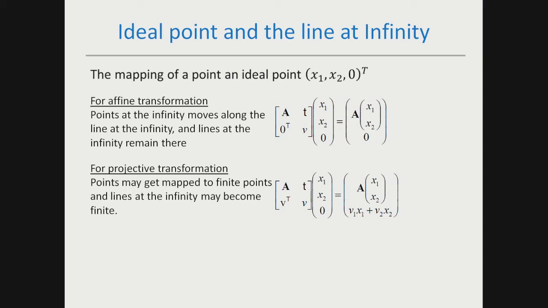Now, let us apply two kinds of transformation, affine transformation and projective transformation, to the points and the line at infinity, or ideal points and the line at infinity. If we apply the affine transformation, we get this, which means the ideal point, which was at infinity, remains at infinity.